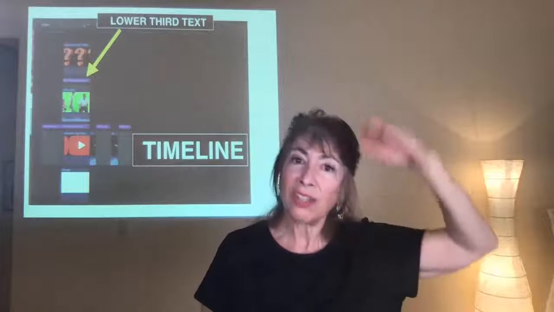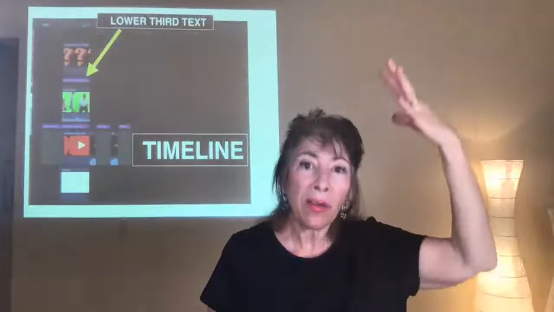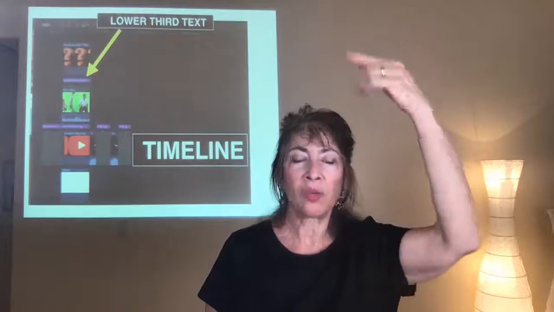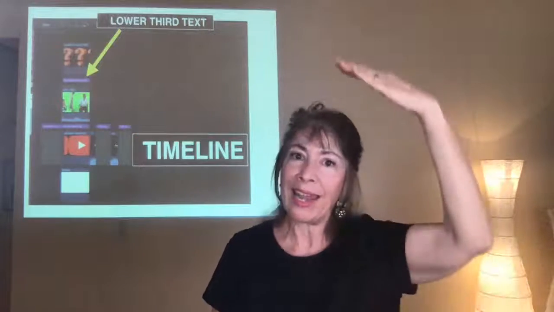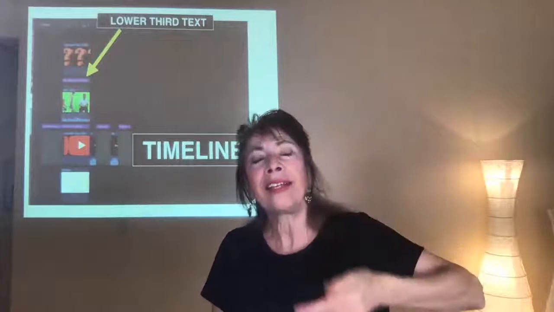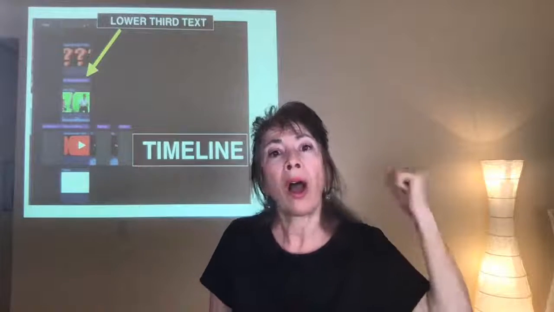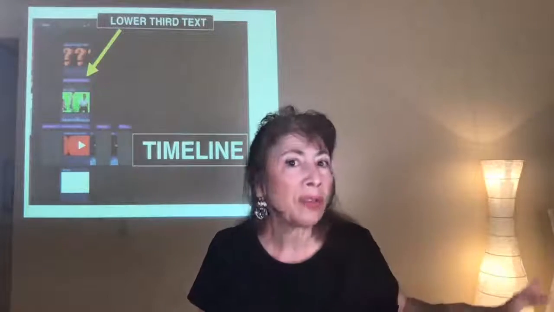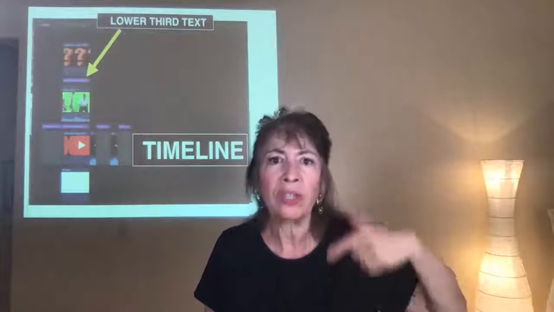So remember, as you layer things above your timeline, the top layer is what you see closest to you. And as you go down, that's what you see. And the things that are below are what are behind or not heard. So things below the timeline, that's your music, that's your voiceover, that's your sound effects, things like that.